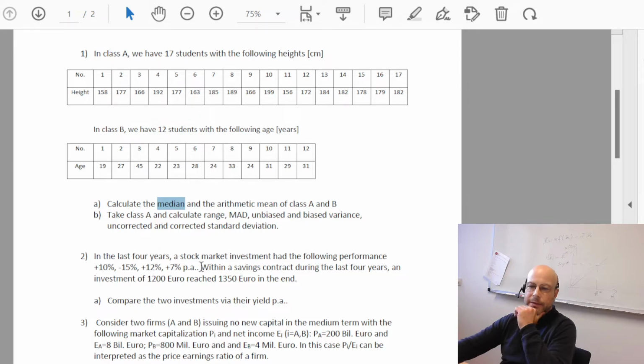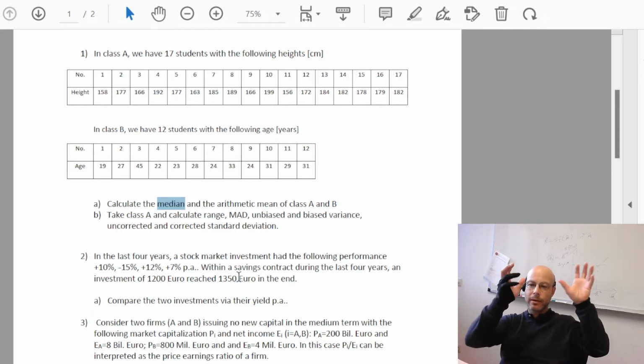Number 2, in the last 4 years, a stock market investment had the following performance. So our stock has risen 10%, second year was quite bad, minus 15%, then 12% and plus 7%. Or we have a saving contract where we obtain every year the same percentage, and this investment evolved from 1,200 euros up to 1,350 euros.